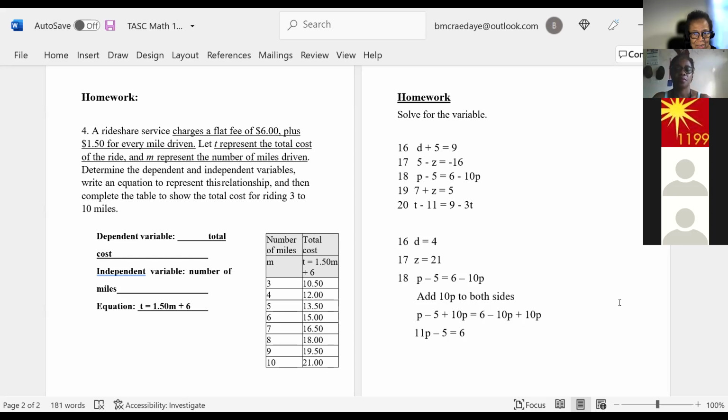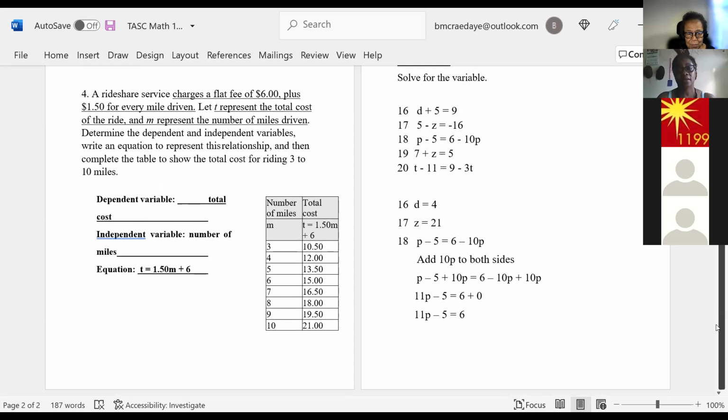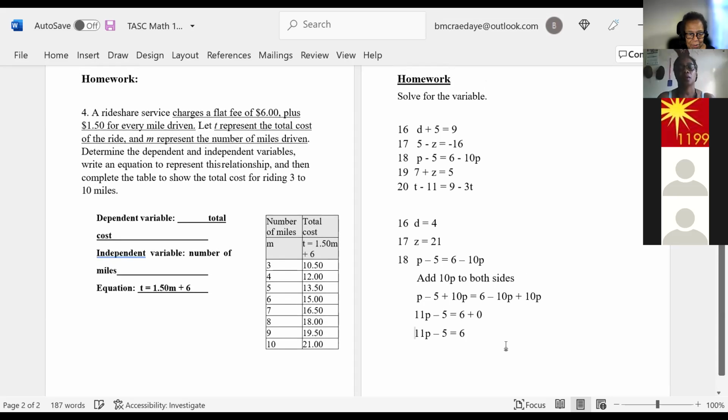A minus 10p and a plus 10p, 0. That's right, that's 0. Okay. So what we have then is 11p minus 5 equal 6. Then what did you do? Okay, then I add 5p on both sides.